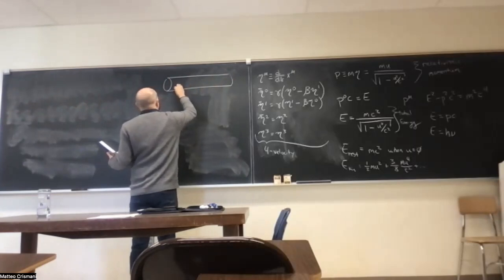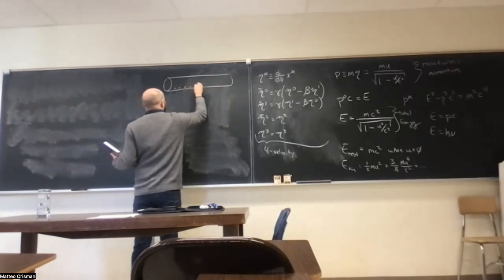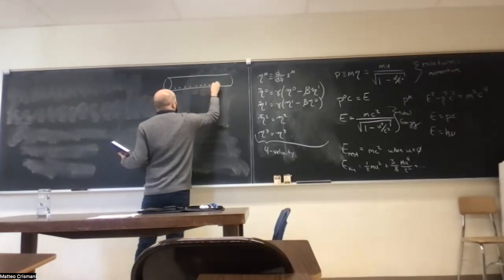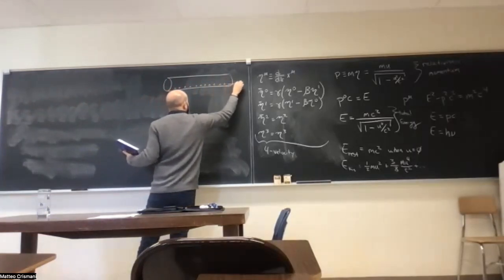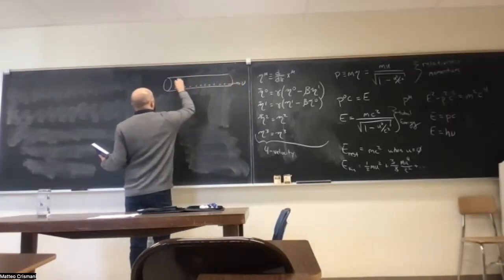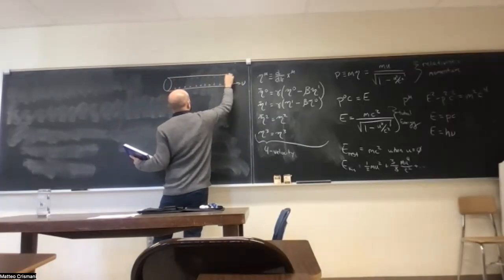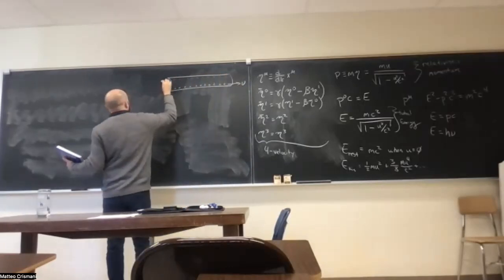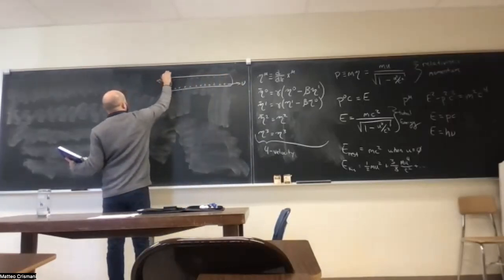Let's imagine plus, and these are all headed towards the right with velocity v. And these are negatives, so much easier to write, and then they're going to the left.